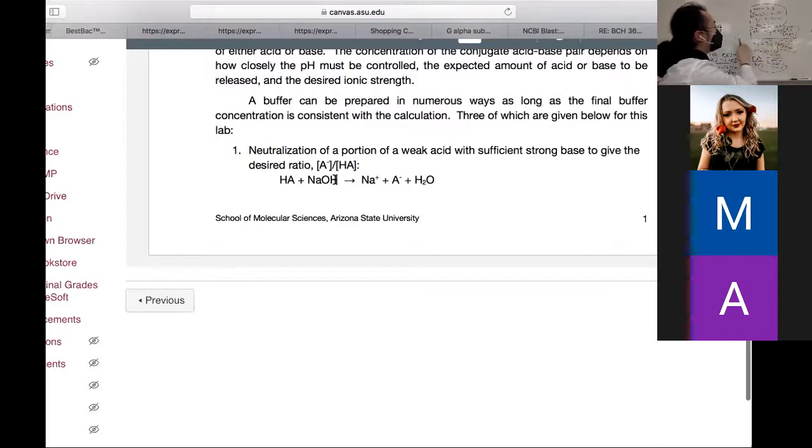If we plug in what we have, the pH we are assigned is 7.3, and the pKa value is 7.2. By inserting these two numbers, we get this equation, which is log of this part equals 0.1.